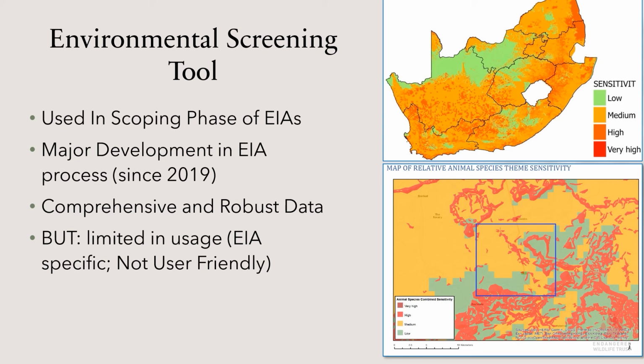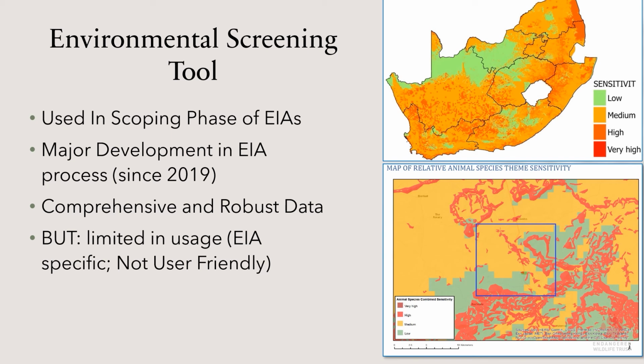It's EIA specific. Ideally, it's set out that environmental impact assessment practitioners upload their proposed study site, and it churns out a report stating the sensitivities of that site, including species-specific information and information on biodiversity land use specifications such as CBAs and ESAs.